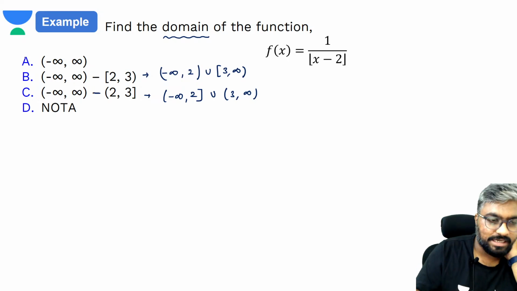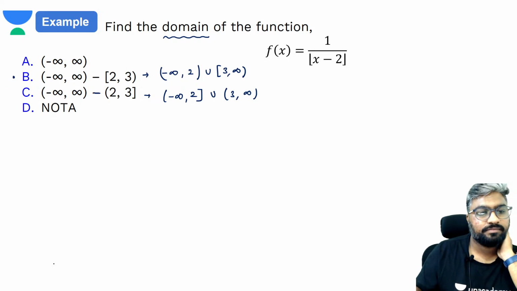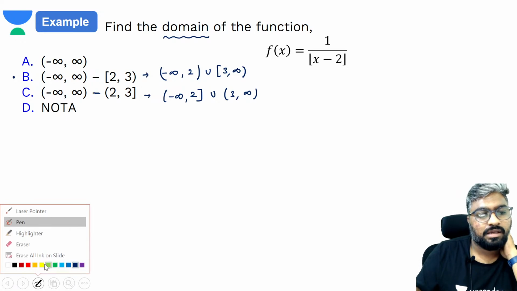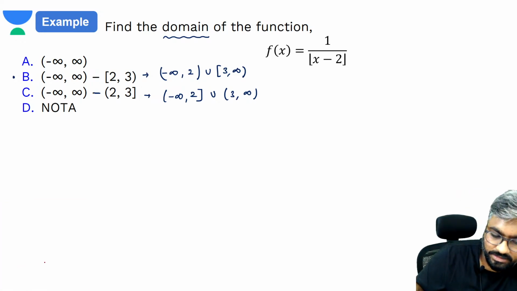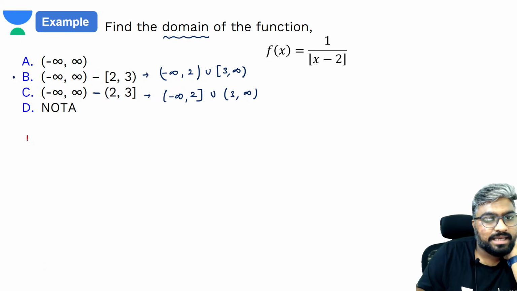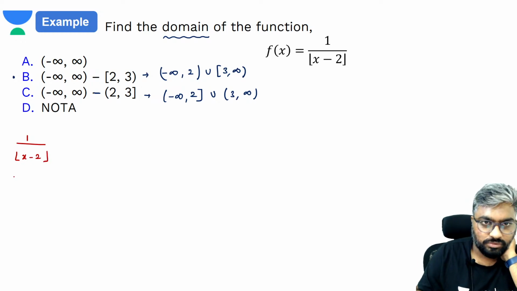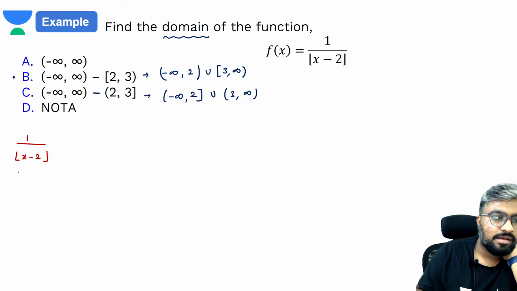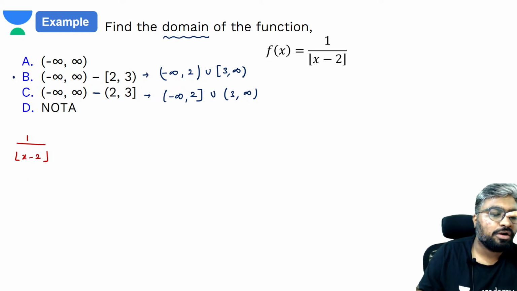ओके, कृष्णा सेज बी, अदर्स? कृष्णा सेज द सॉल्यूशन फॉर दिस इज बी. एनीवन? So what are they saying? They're saying 1 by modulus, greatest integer of x minus 2. Yes, क्योंकि ये फ्रैक्शन में है, what do we know?